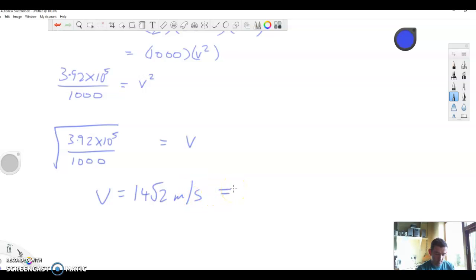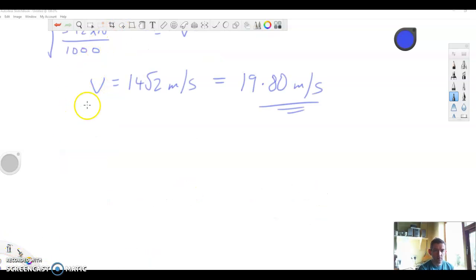Putting that in decimal, press the SD key, and I get, rounded to 2 decimal places, 19.80 meters per second. So there we go, job done.